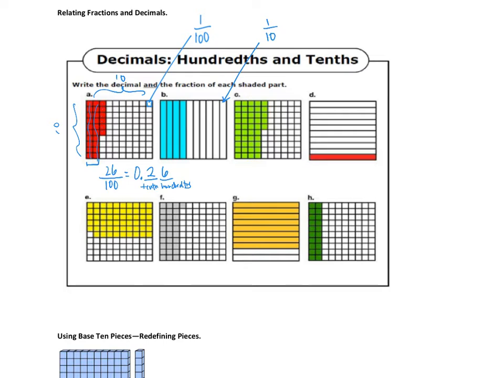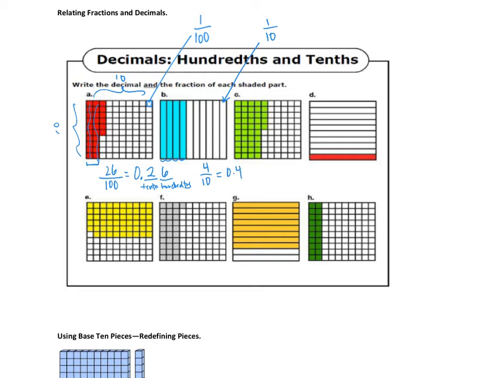That's 26 hundredths. So for the next guy, we have 1, 2, 3, 4, but this time they're tenths. So we have 4 tenths, which is actually going to be equal to 0.4.